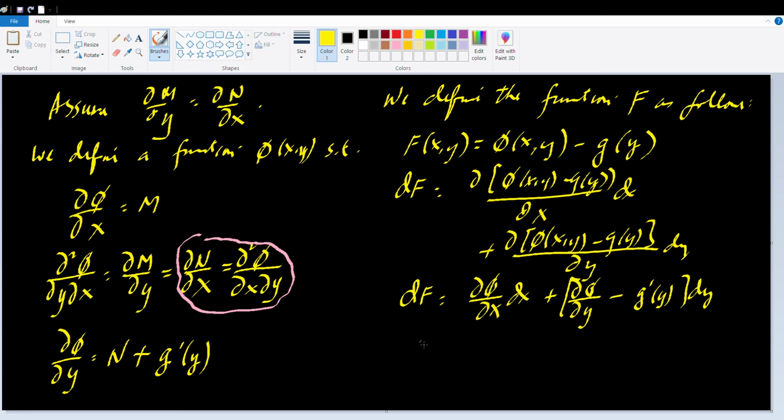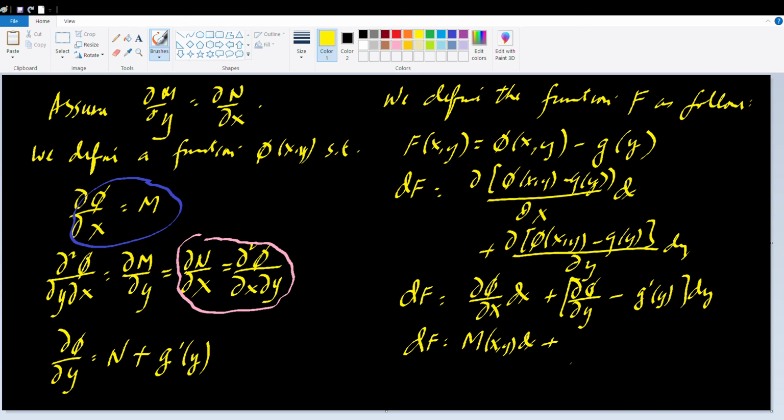Now, the partial of phi with respect to x is equal to M. So we write here M(x,y) dx plus the partial of phi with respect to y, which is N(x,y).